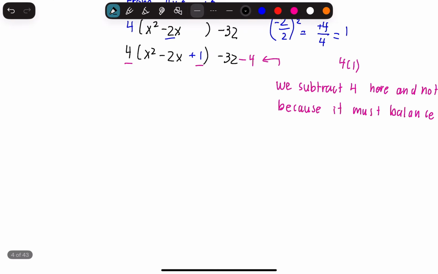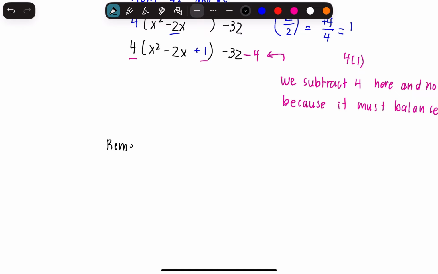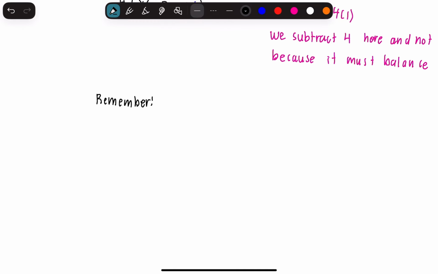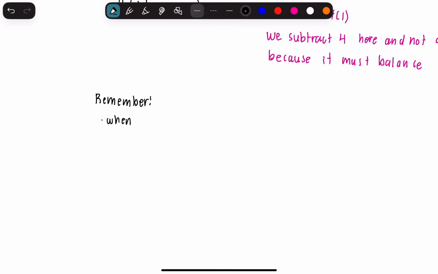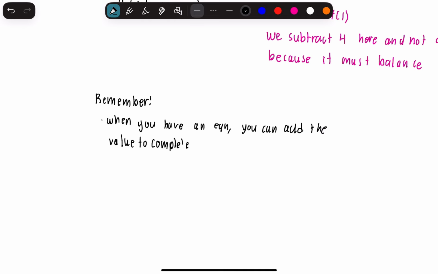Now, things to remember. When you have an equation, you can add the value to complete the square to both sides.